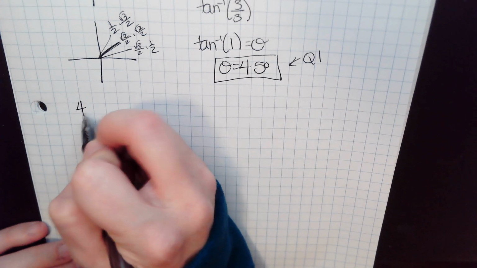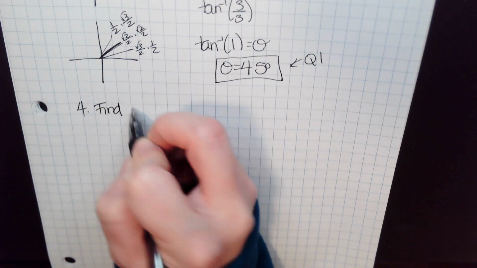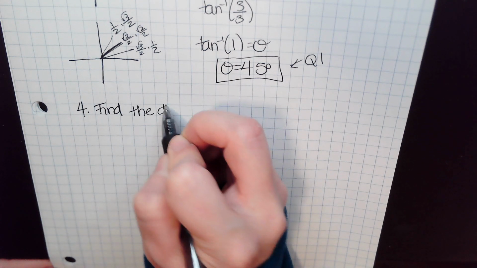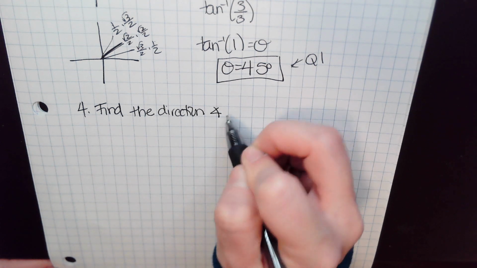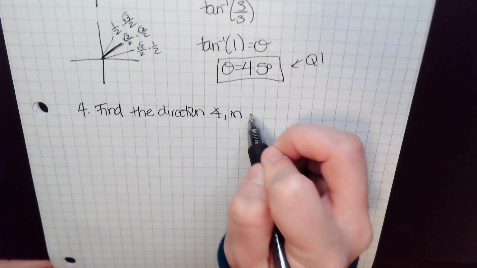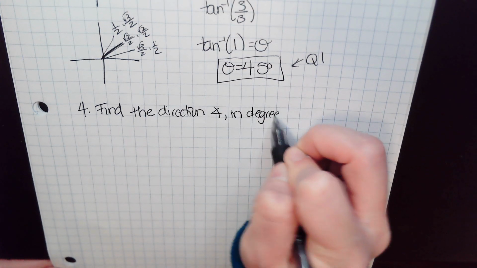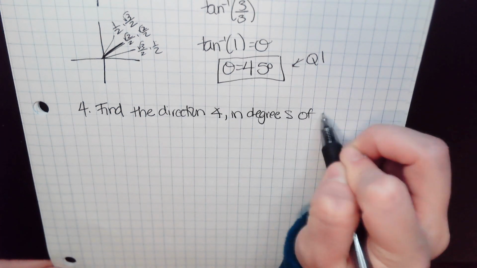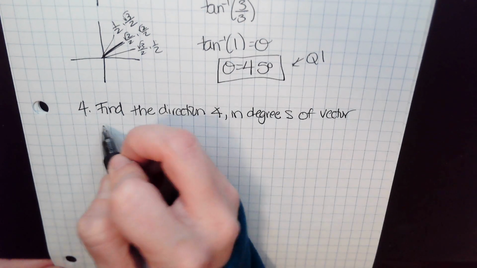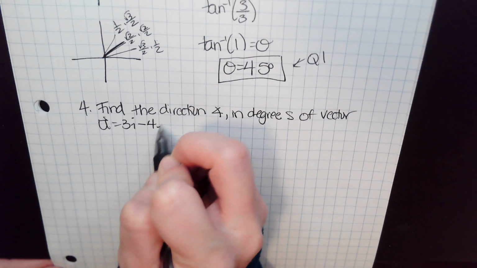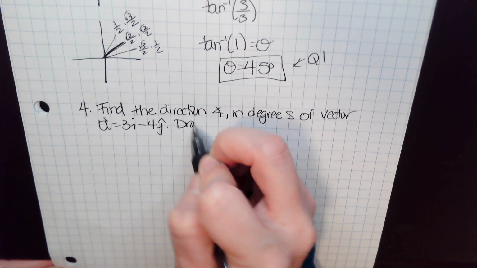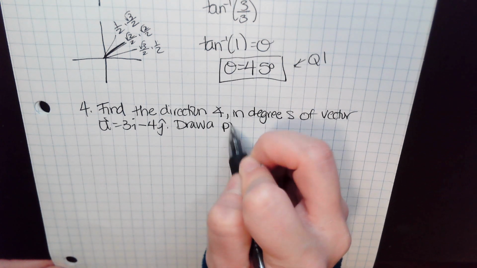So find the direction angle in degrees again of vector u equals 3i minus 4j. Make sure you draw a picture.